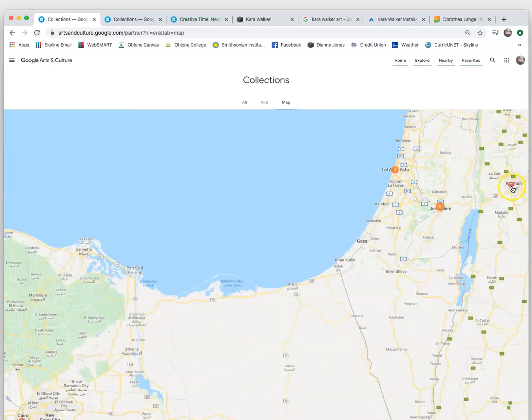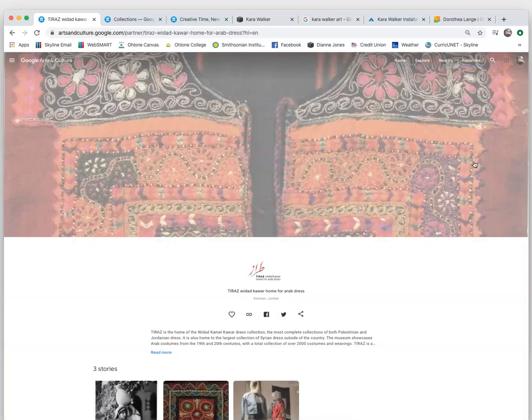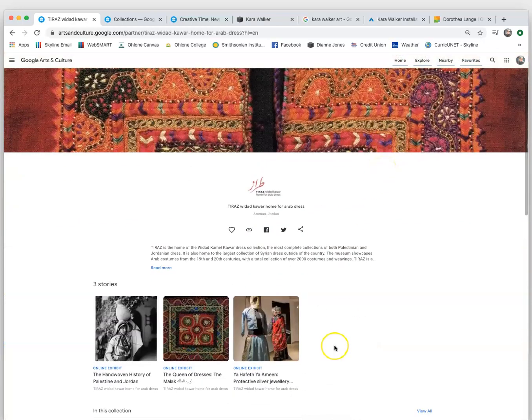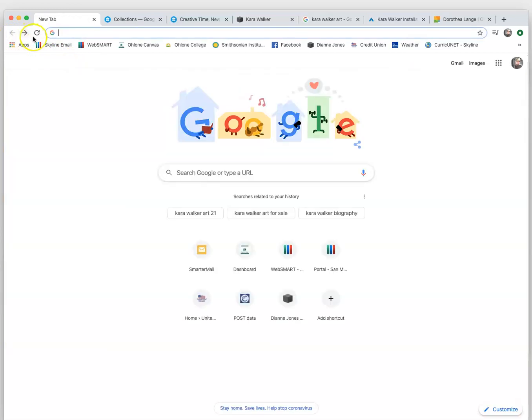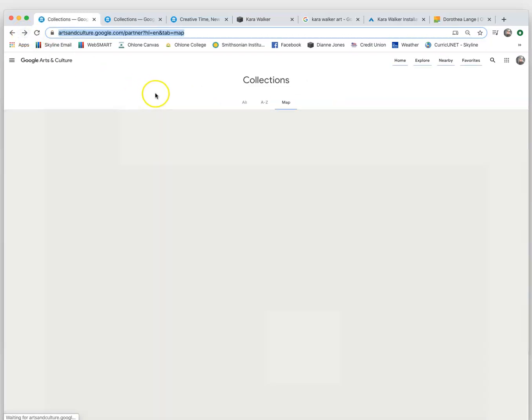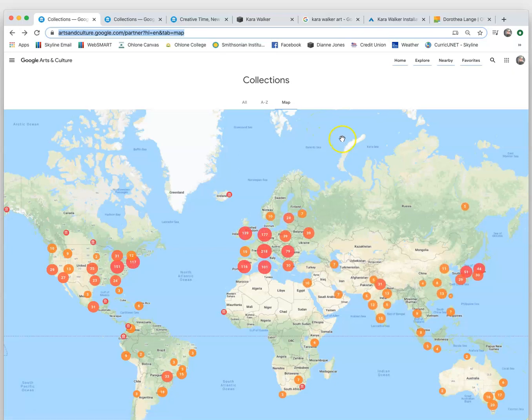When you have one of these red markers, that means it's a partnered institution. Then you can go to that institution and see stories that are specifically either about a concept or an artist. So that's one way that you can view Google Arts and Culture, is via a map if you chose to work with it that way.